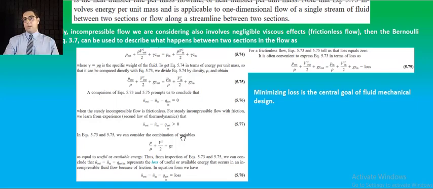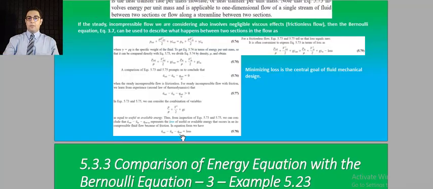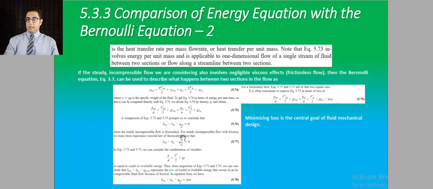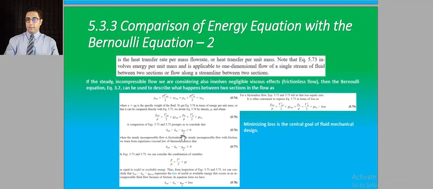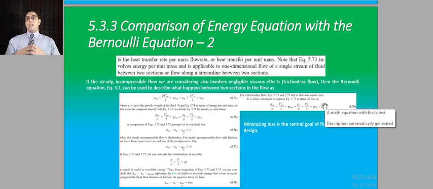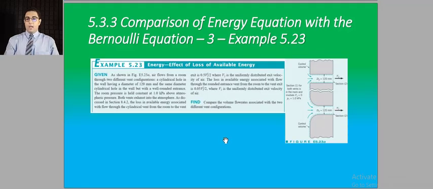It's always greater than 0. So we are having the last term in here. The fluid mechanical engineers are doing their best in order to minimize the losses ever. In order to get it better, I'm going to illustrate to you the example 5.23 in a written text. So follow me with it.